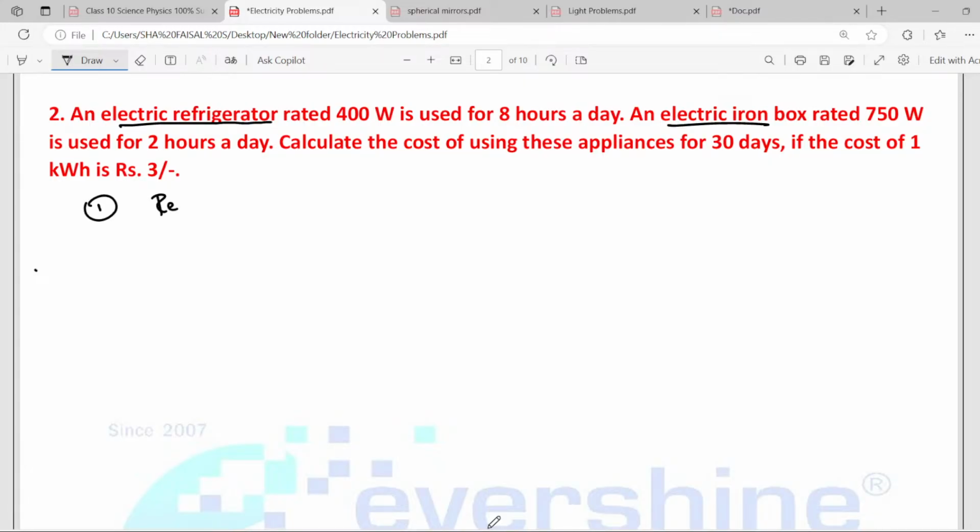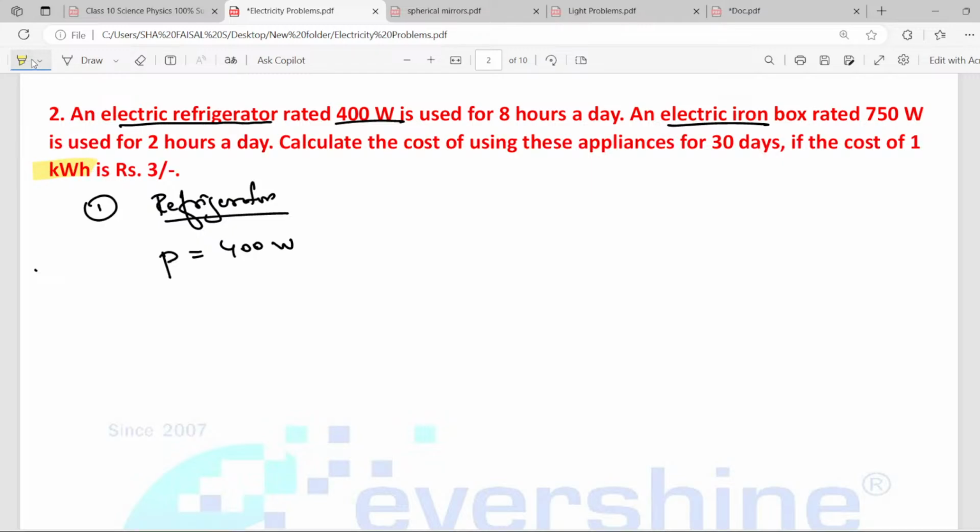First they have given refrigerator. First let me write separately about refrigerator. So what is the power refrigerator is consuming? 400 watt. So P is equals to 400. As we know that the final answer is in kilowatt hour, so here only we can convert 400 watt into kilowatt. 400 divided by 1000, you will be getting 0.4 kilowatt.